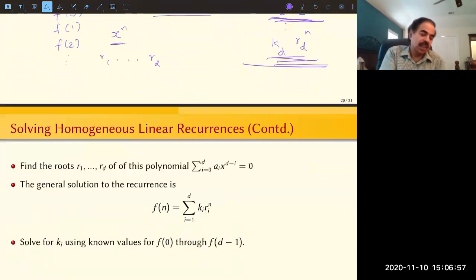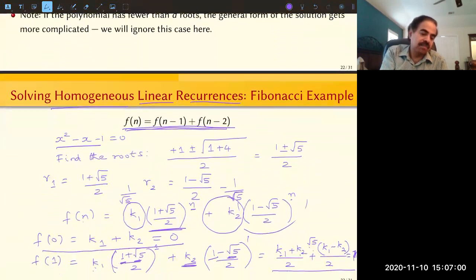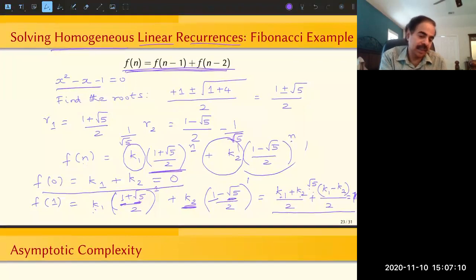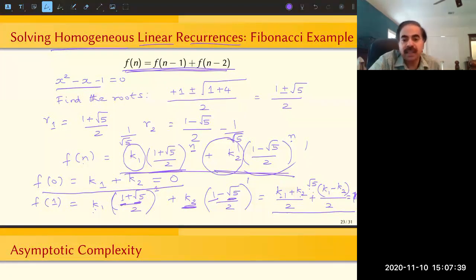So in the case of Fibonacci, we substitute the known Fibonacci values for n equal to 0 and 1, and then we arrive at the solution that the solution to the Fibonacci equation is of the form k1 times (1 plus square root of 5 divided by 2) to the power n plus this, where k1 is 1 by square root 5 and k2 is minus 1 by square root 5. Okay, so that's sort of what we did.